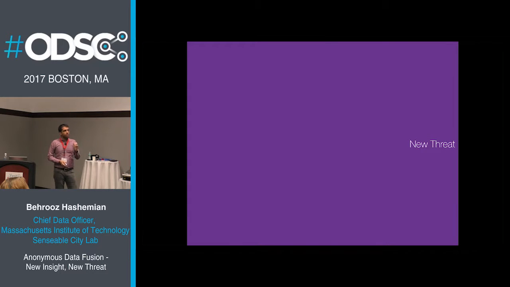Okay, having said that, data fusion can obviously raise many privacy issues and generate new threats to data sets that were fully anonymized before, and can now easily be de-identified by having another data set that is not anonymized. If both data sets are anonymized, we are merging them, no problem.